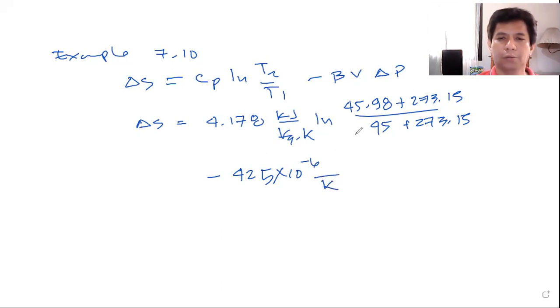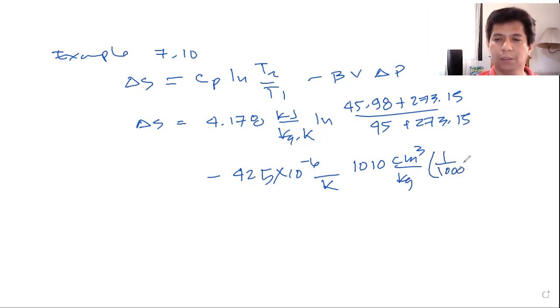Multiply that by V, the specific volume, 1,010 cubic centimeter per kilogram. Divide by two 1,000s to make it cubic meter. You know this already. Then the delta P is still the same, 8,590 kilopascal.